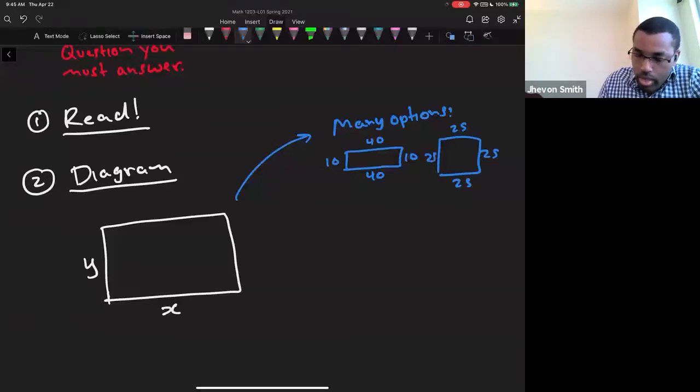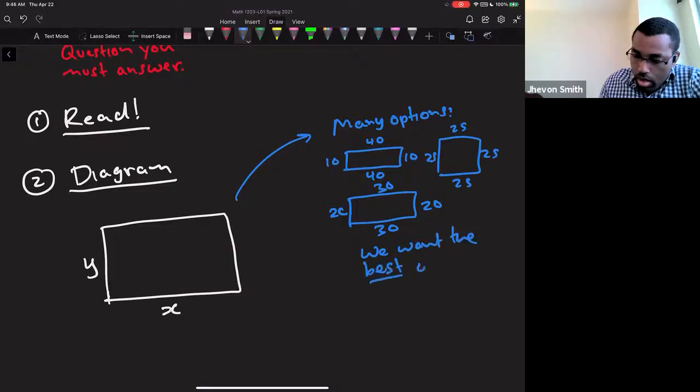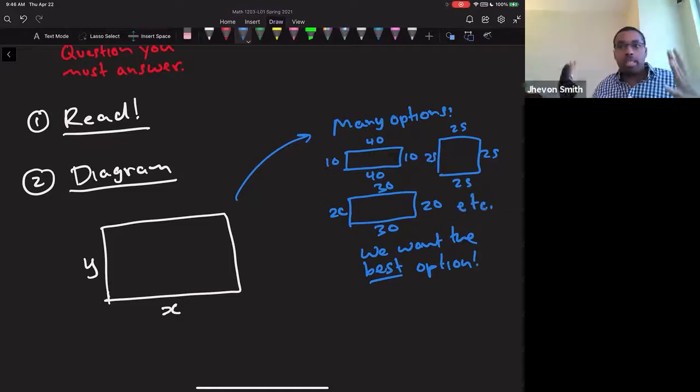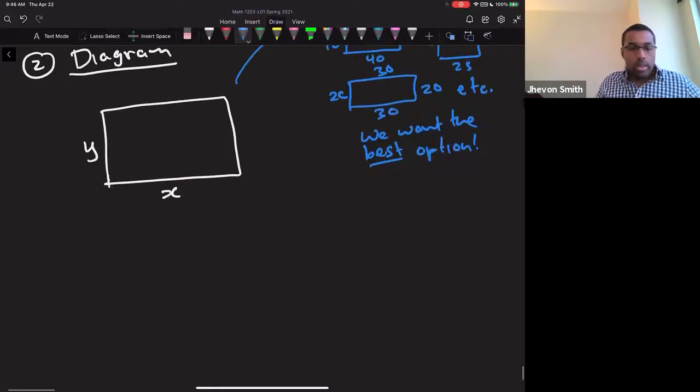He could do something like 30 and 30, 20 and 20. We want the best option. Right? That's what optimization is. You need to find the best possible option, the best possible scenario. But this is our diagram. We need to identify the length and width.